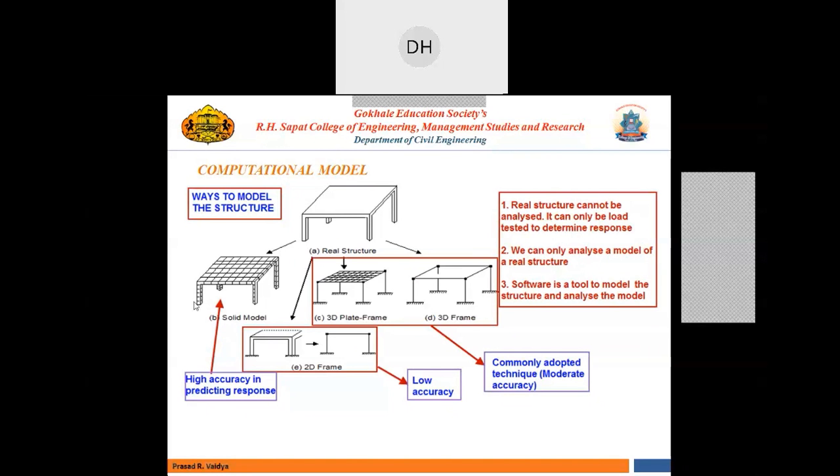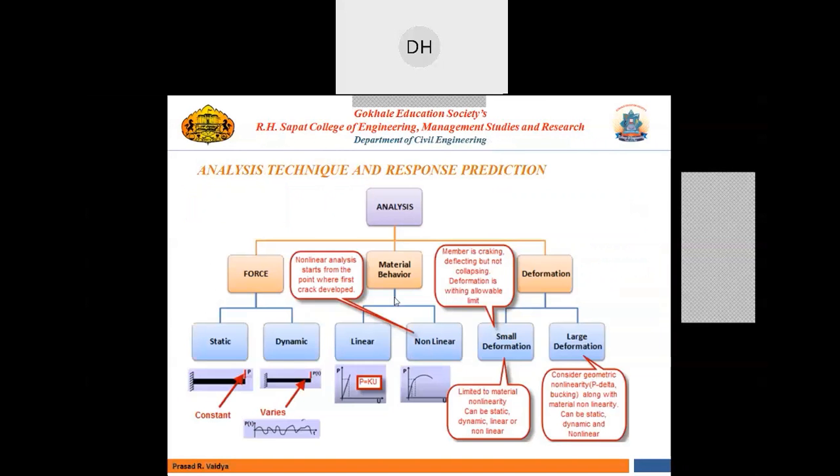If you want very precise results, maybe with an accuracy of 1/100, if you need that much accuracy, then you can go with the solid type of modeling, and there is certain software available for solid type of modeling also, right? This will give you the most relevant result. Most close means the actual behavior of the structure is very close once you go for this type of modeling, right? So this is how the computational model is prepared.